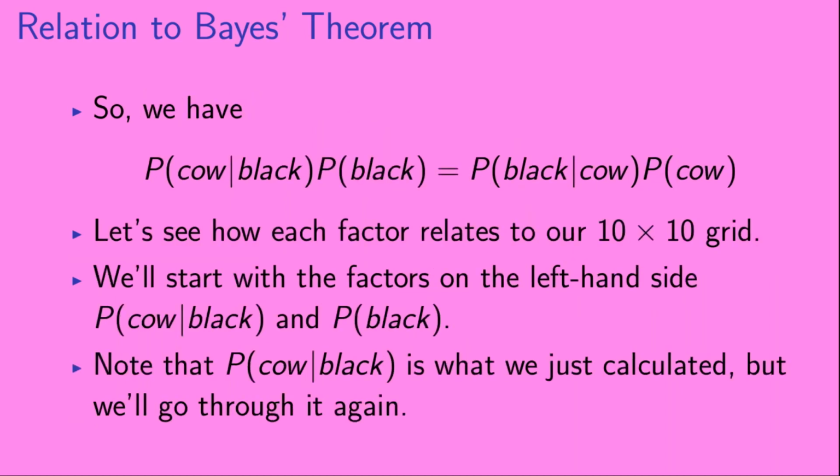Okay, so again we have that same equation. Let's see how each factor in this equation relates to our 10 by 10 grid. We'll start with the factors on the left-hand side, P of cow given black and P of black. Note that P of cow given black is what we just calculated, but we'll go through it again.